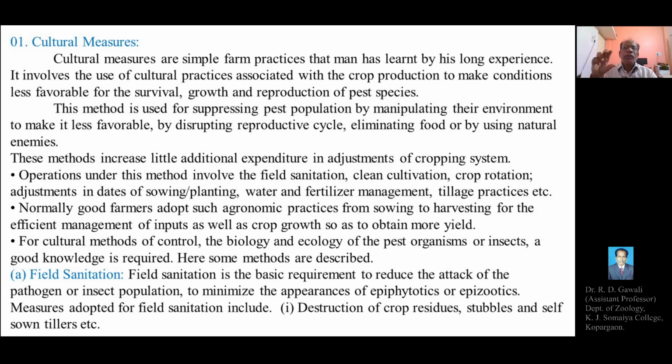These operations are very important and can be performed prior to the planting or sowing of the crop in the field.